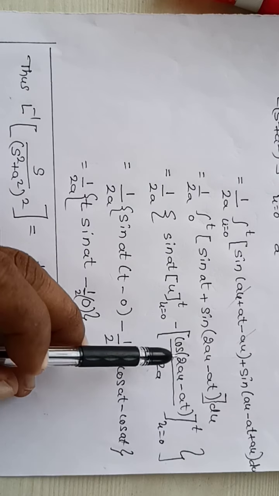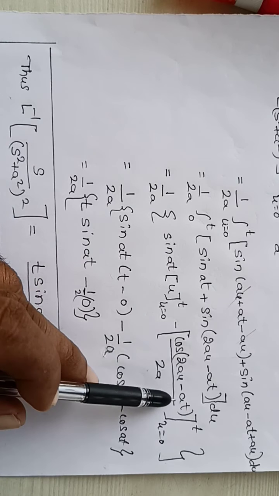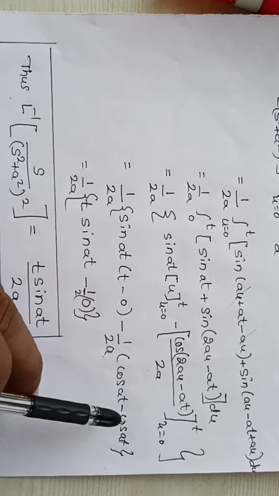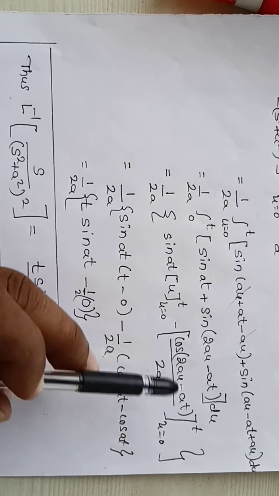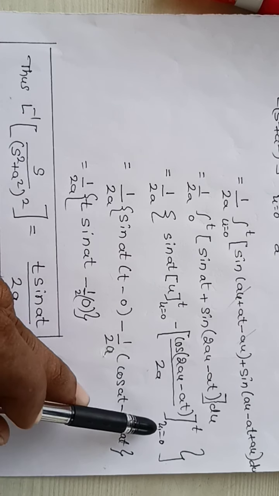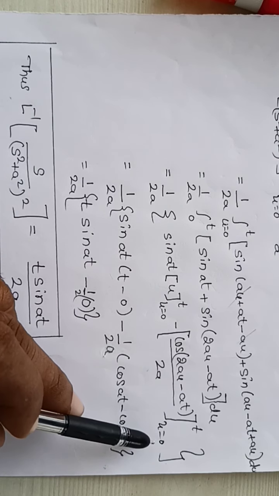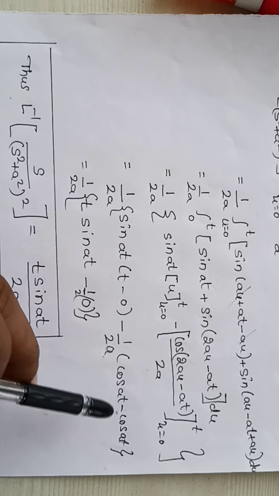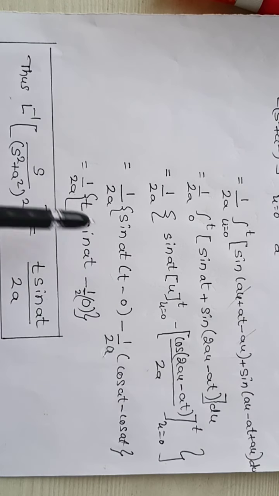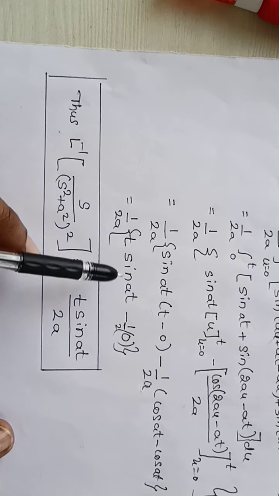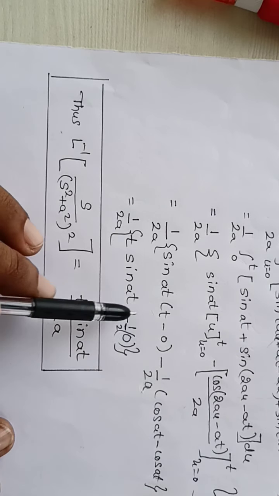Next, limit t: cos of 2AT minus AT is cos AT, and minus, next this limit 0: cos of minus AT, that is cos AT again. Cos AT minus cos AT gets cancelled here. So remains 1 upon 2A t sin AT minus this whole term which is 0.